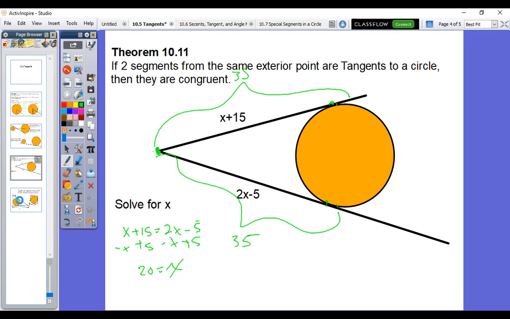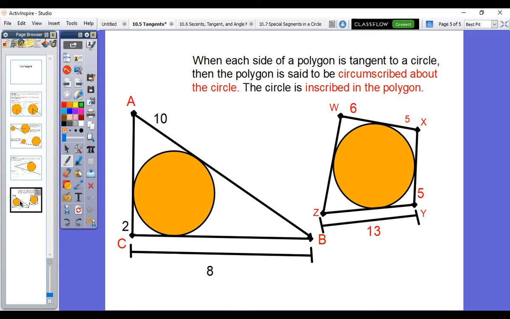That matters because we talked about polygons that are circumscribed about the circle, or the circle being inscribed. Here we have a triangle, and we want to find its perimeter. It's circumscribed about the circle, so the triangle is drawn outside the circle. Distance from here to here is 10, so from here to here is also 10.